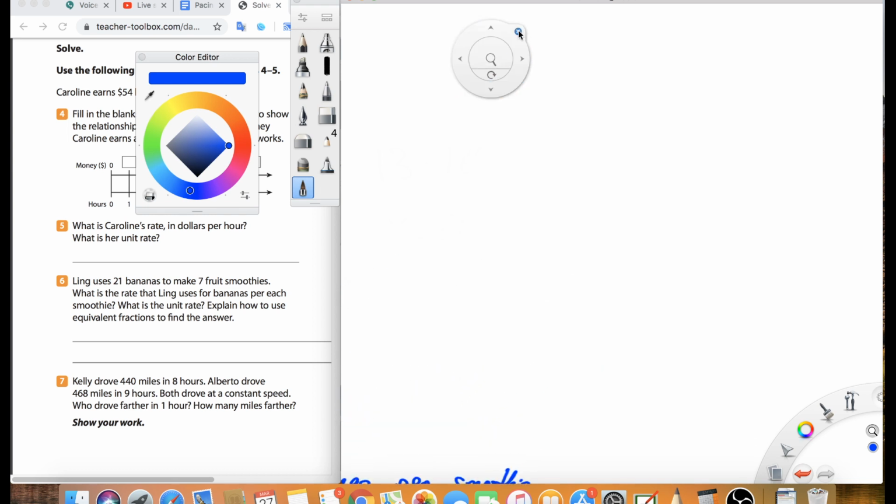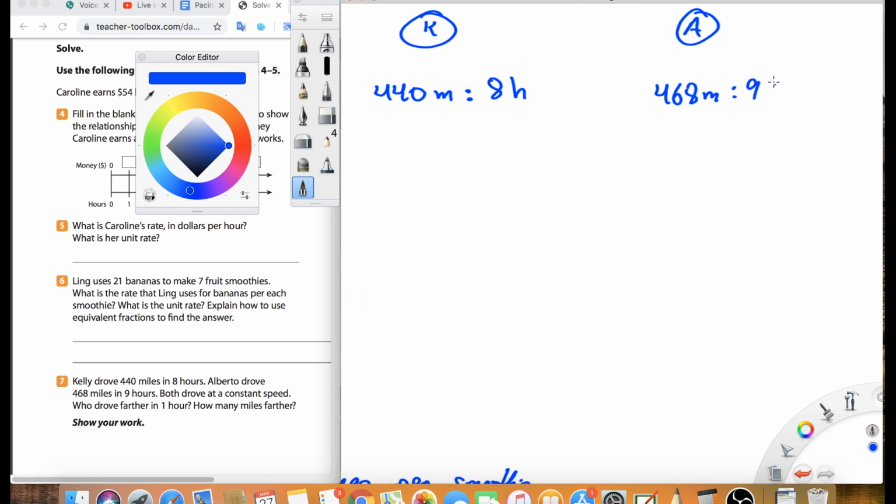So it says Kelly drove, we'll do Kelly over here. So Kelly drove 440 miles in 8 hours. Alberto drove 468 miles in 9 hours. Both drove at a constant speed.